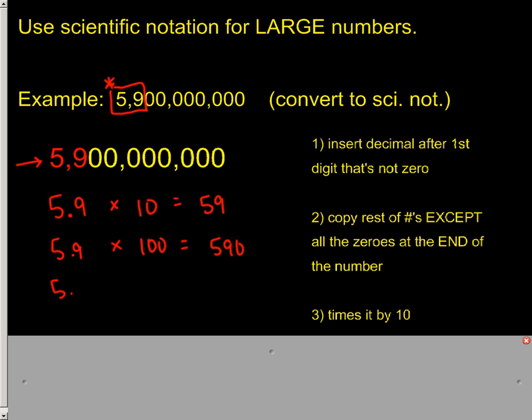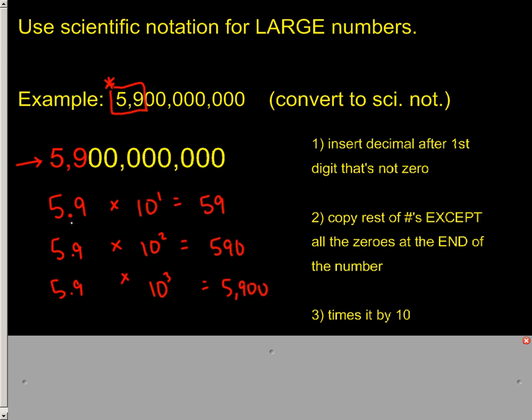If I said 5.9 times 1,000, you'd get 5,900. You can put this in your calculators and check it out. But then what we can do is we can take these powers of 10 and write them as an exponent. Well, 1,000 is the same as 10 to the third, and 100 is the same as 10 to the second, and 10 is the same as 10 to the first.